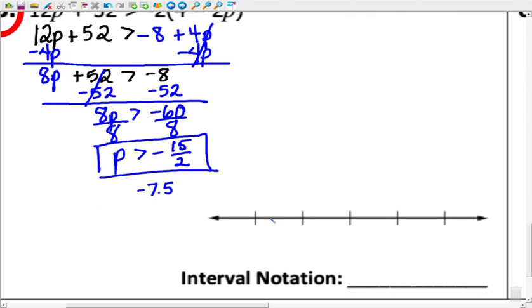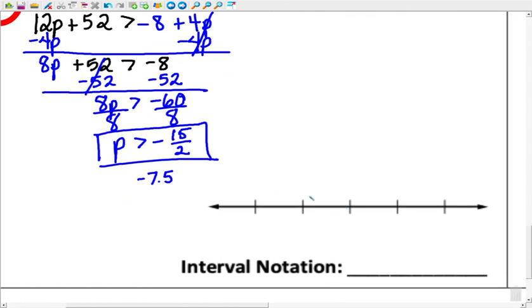All right, so now I'm coming over to my number line, and since it says it's greater than, that's an open circle. Write your number, and it's greater than, which means it's pointing this direction, and my interval notation must match what my graph is doing.